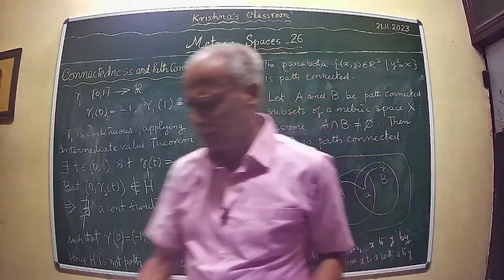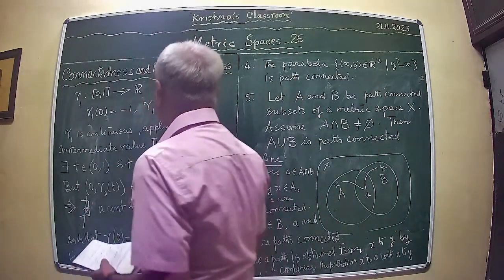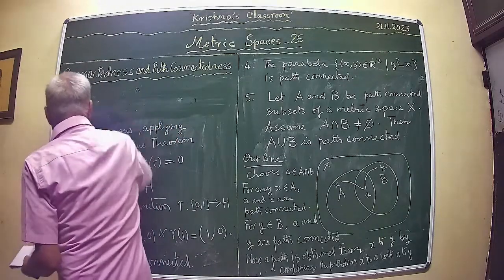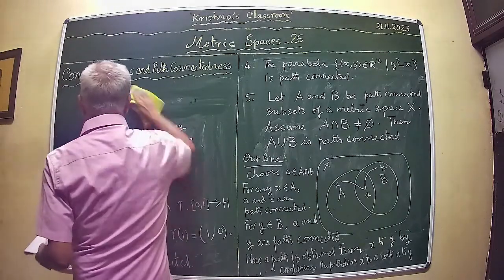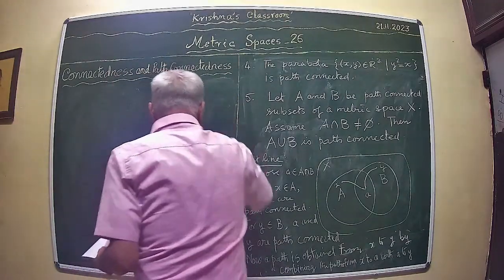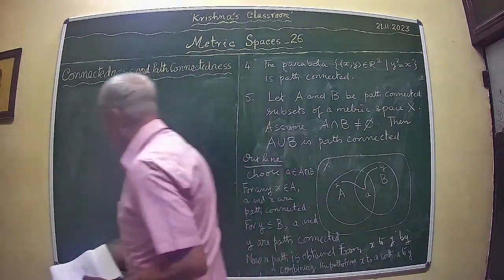Okay, I mean that's the outline, that's simple. So if A and B have at least one point in common, then you see that A union B is path connected, where A and B are path connected.